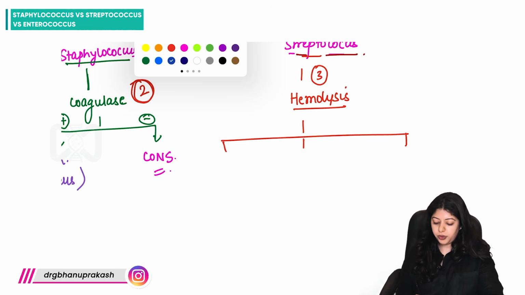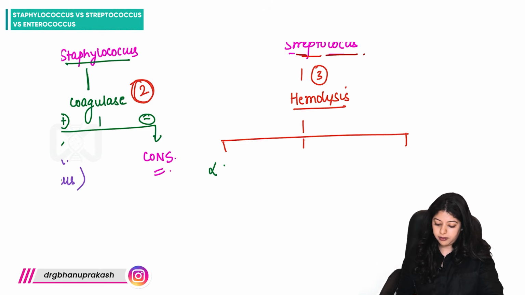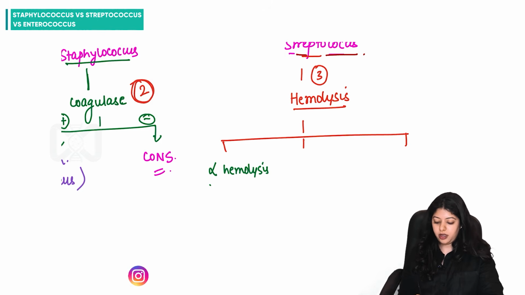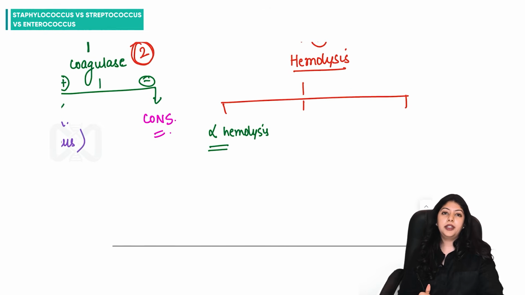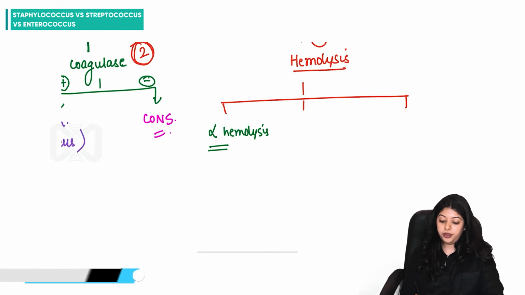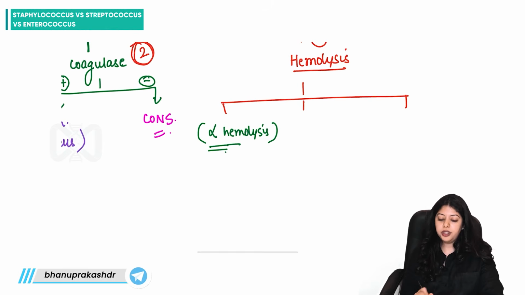One is partial hemolysis, alpha hemolysis. Alpha hemolysis would be seen by Streptococcus pneumoniae and viridans streptococci.